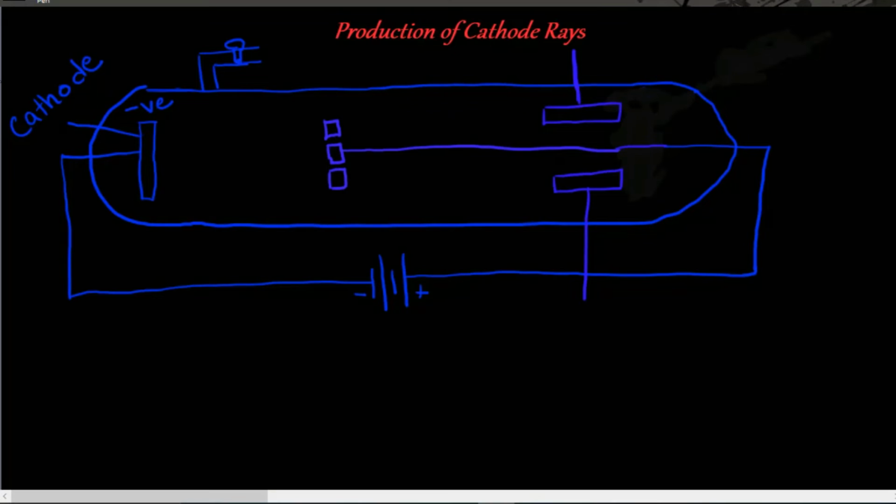Next, we consider another experimental setup in which there are two plates behind the anode. One is positive and the other is negative.